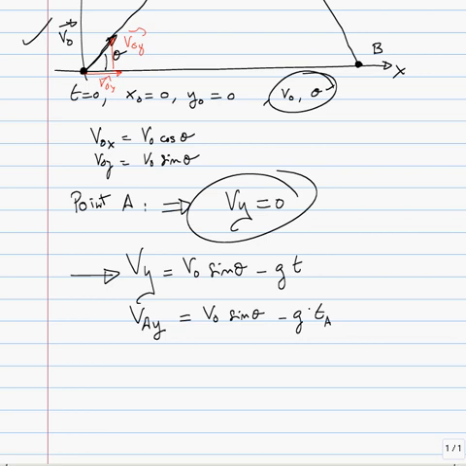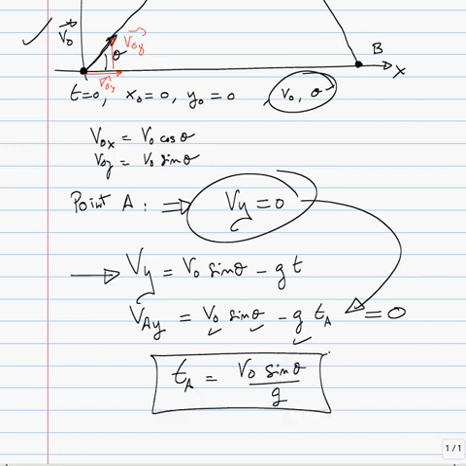Since at A my Vy is equal to 0, this is equal to 0. I know v naught, I know theta, I know g. Bang, let's get ta. As I solve for it, I'm going to get ta equals v naught sine theta divided by g.